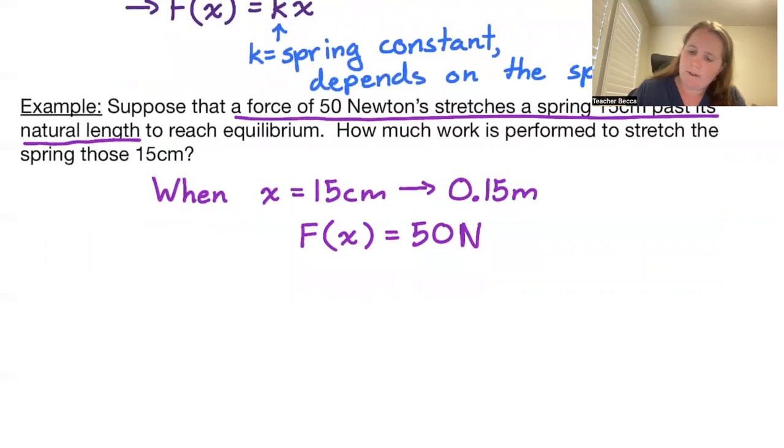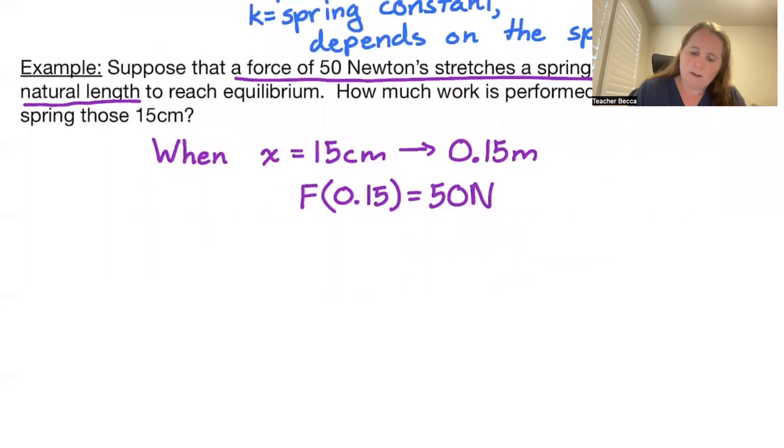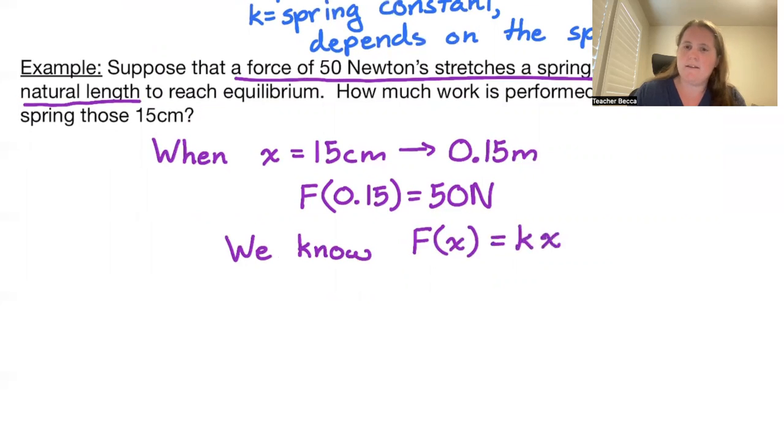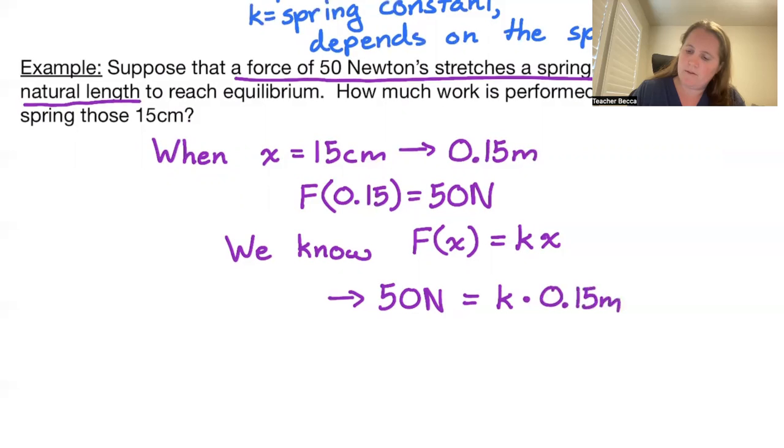So we know that that should be equal to k times x. So I'm going to convert this to F of 0.15 is equal to 50 newtons. Right? We know that F of x is equal to k times x. So that means that we have 50 newtons is equal to k times 0.15 meters.